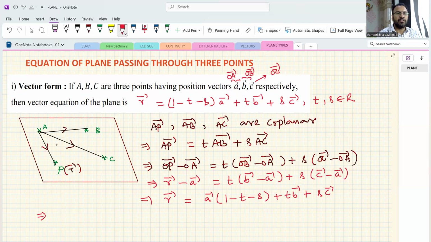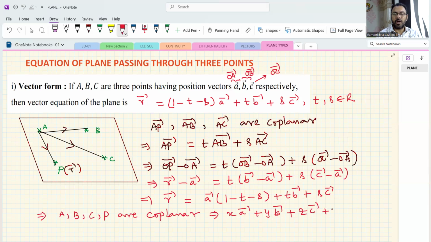Further, here you see that A, B, C, P are all coplanar vectors. So A, B, C, P are coplanar, implies X A bar plus Y B bar plus Z C bar plus W R bar equal to 0 bar.